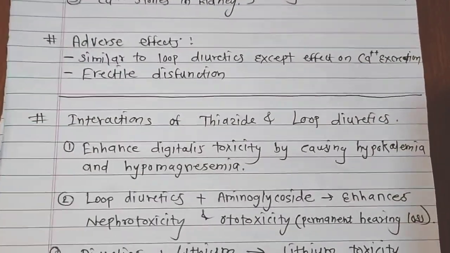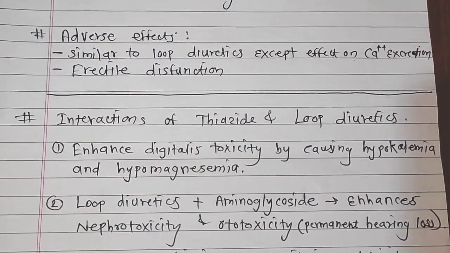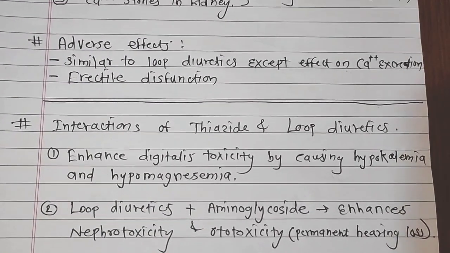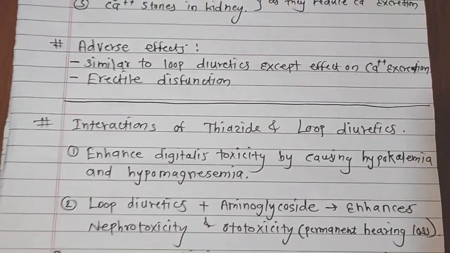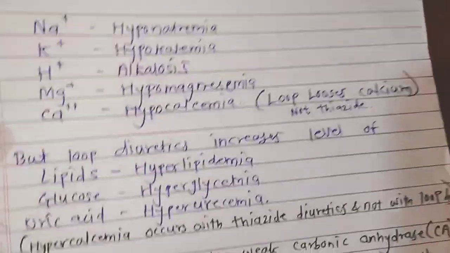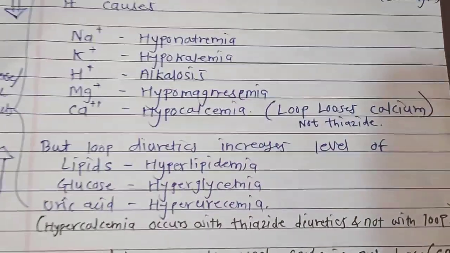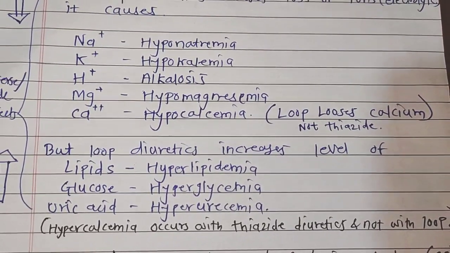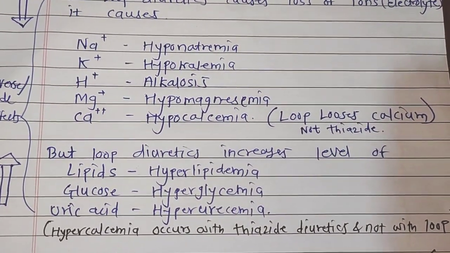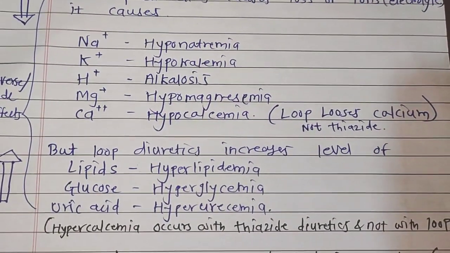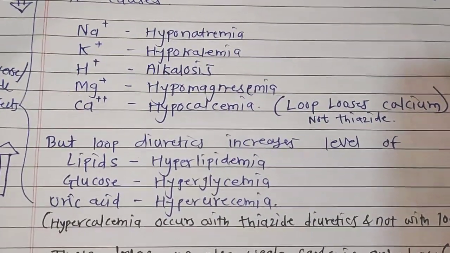Moving on to the adverse drug reactions associated with thiazide and thiazide-like diuretics. These have the common side effects we have seen in the case of the loop diuretics, like hyponatremia, hypokalemia, alkalosis, hypomagnesemia, hypocalcemia. But here hypocalcemia is not present. Here there is hypercalcemia.